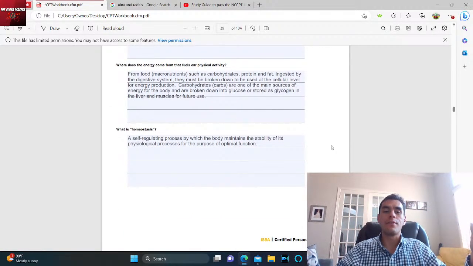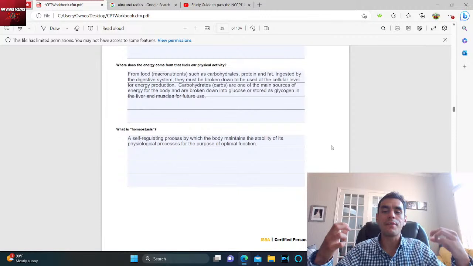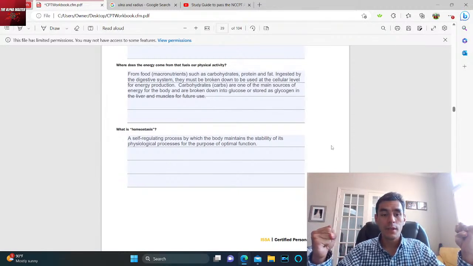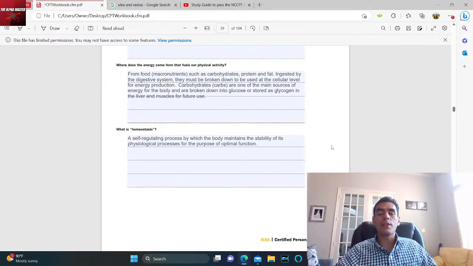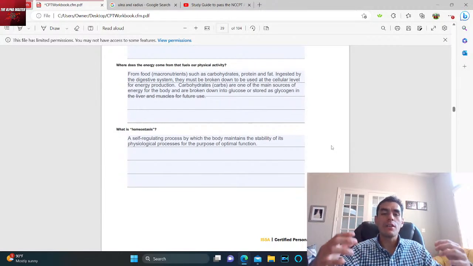What is homeostasis? A self-regulating process by which the body maintains the stability of its physiological processes for the purpose of optimal function. Remember that metabolism, the sum of all the chemical reactions taking place in the body, is a homeostatic process.